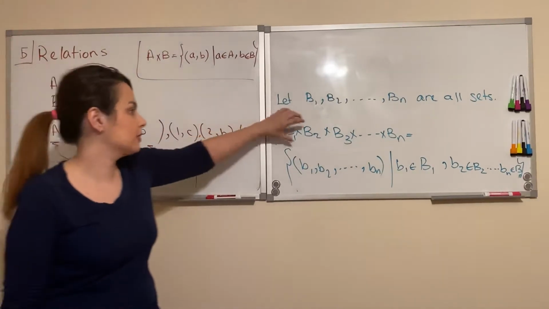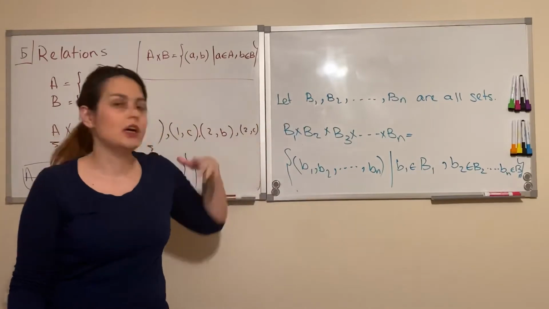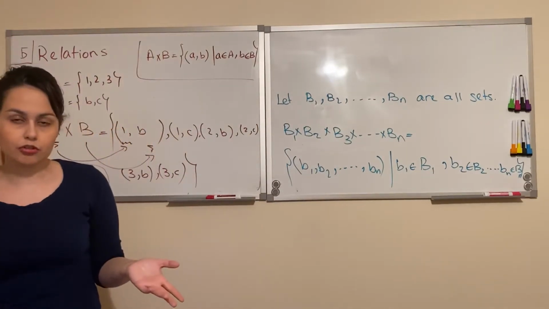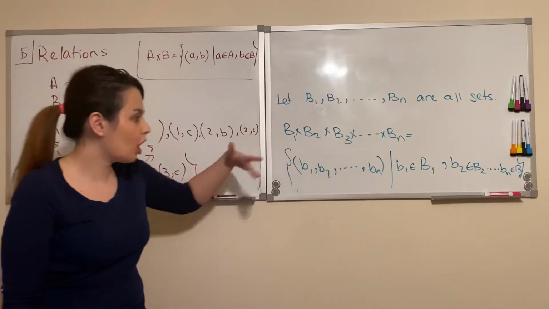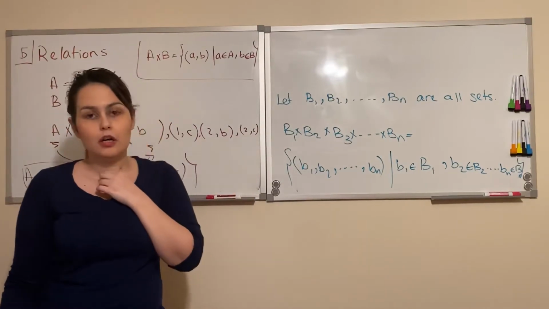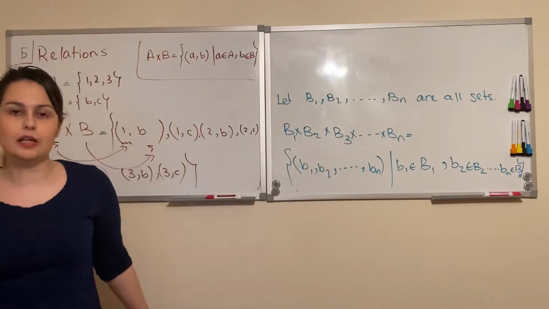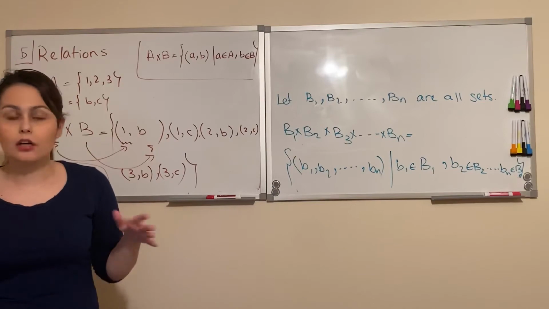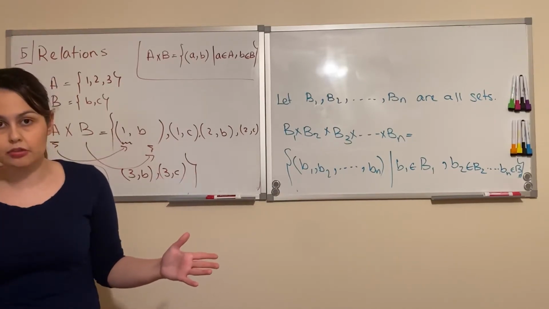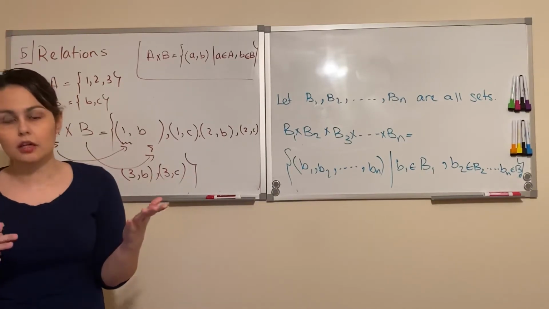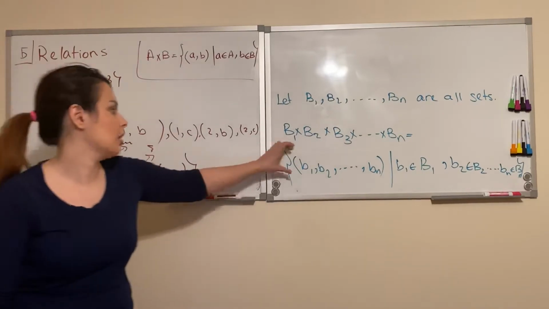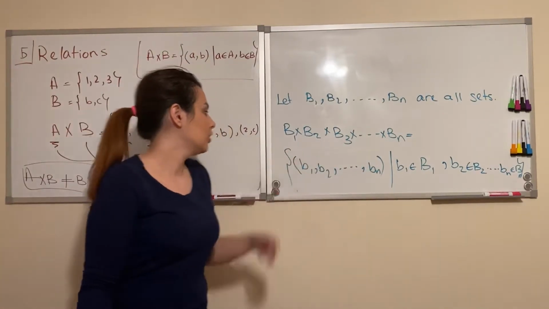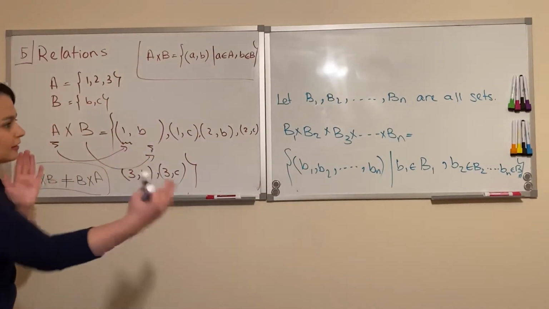So if I have those n sets, I can define an n-ary relation such that it is a subset of the Cartesian product of those n sets. It can contain all the elements in that Cartesian product, or it can contain some of these ordered tuples.